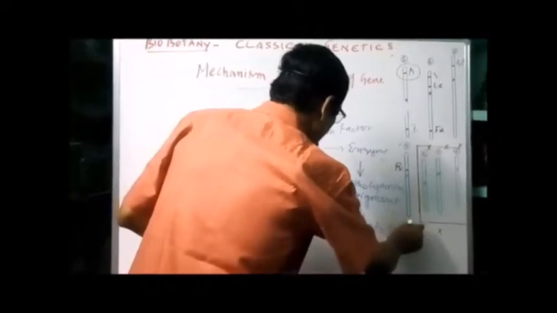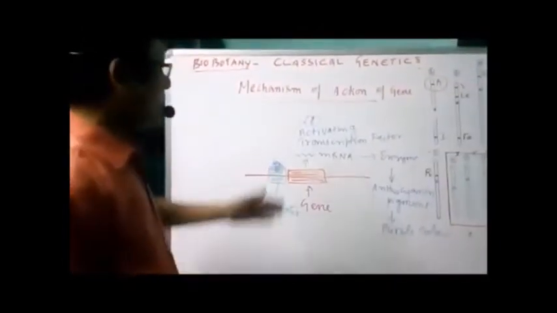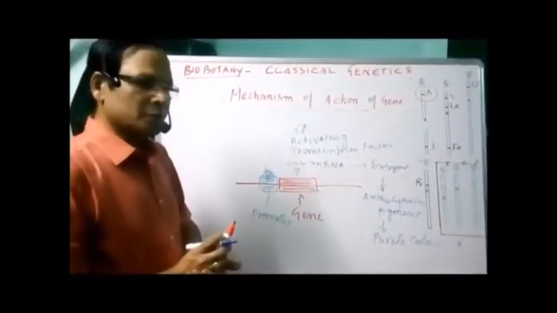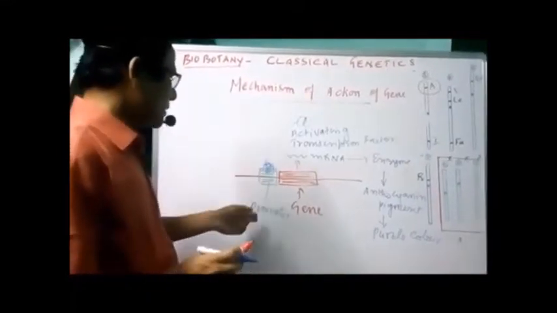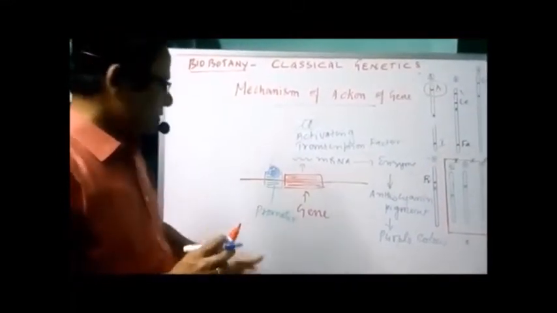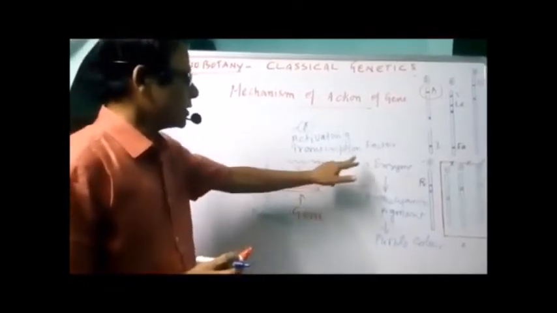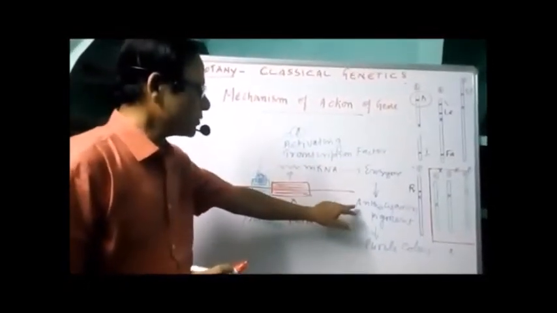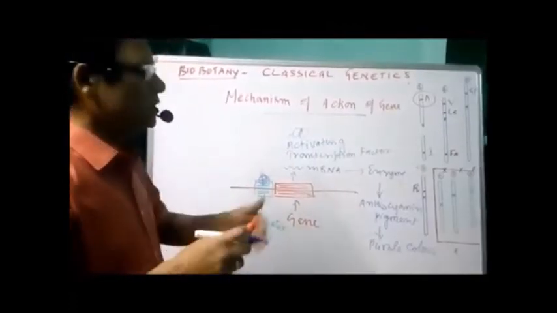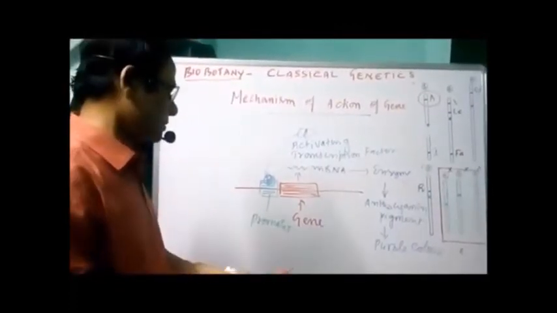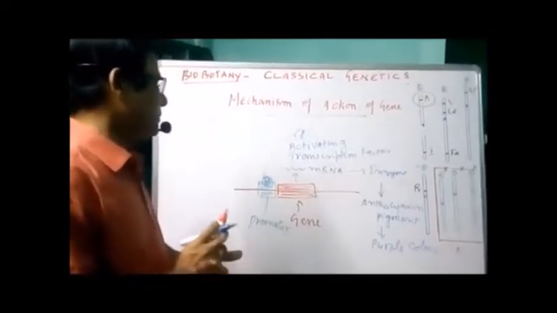This is the mechanism. In the presence of the activating transcription factor, the gene undergoes expression and results in mRNA to form an enzyme. The enzyme causes the formation of the anthocyanin pigment responsible for blue, purple, etc. That results in purple color.